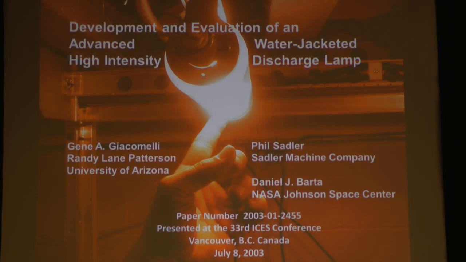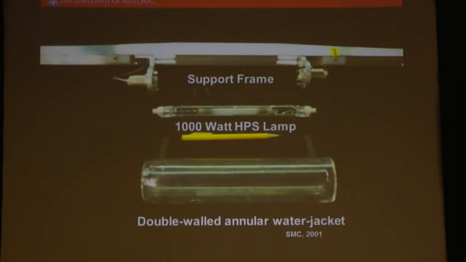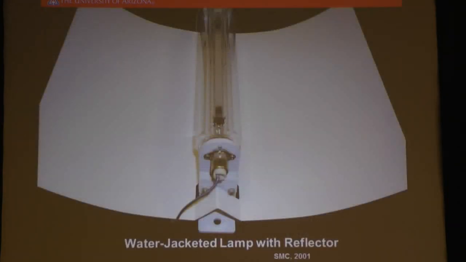The water-cooled lamp was the key to it. It allowed a 1,000-watt lamp to be touched with your finger like this and not run off scared or hurt at this point, nor having the plants burned in any way. It's just an off-the-shelf 1,000-watt lamp put in a double-walled glass water jacket that was able to remove 60% of the heat that the lamp would put out into the system, which obviously allowed us to reduce the HVAC system.